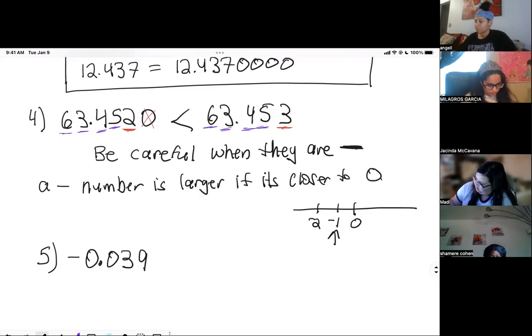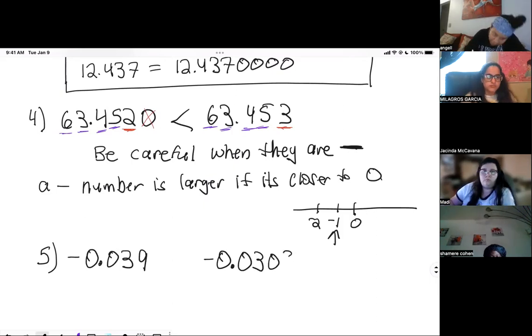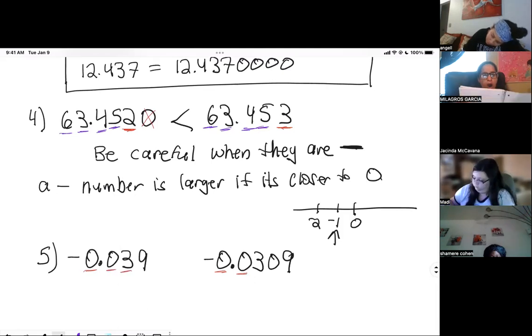-0.039 and -0.0309. All right, so let's compare. They both have 0 whole numbers. So we both have a 0 here. They both have a 3 here. And then this is where it changes.